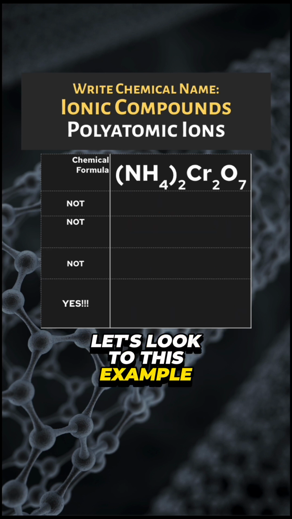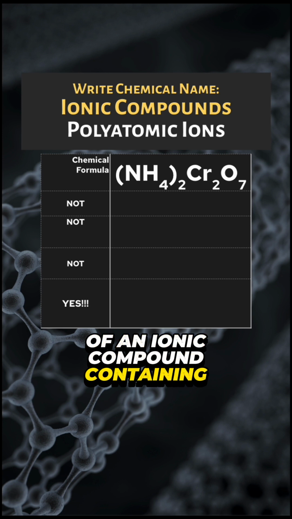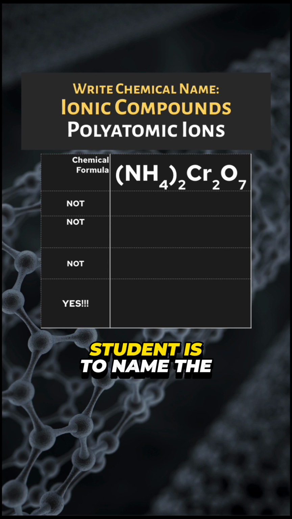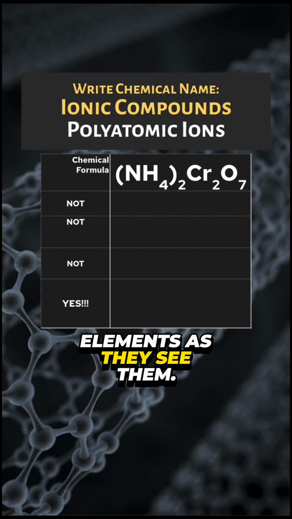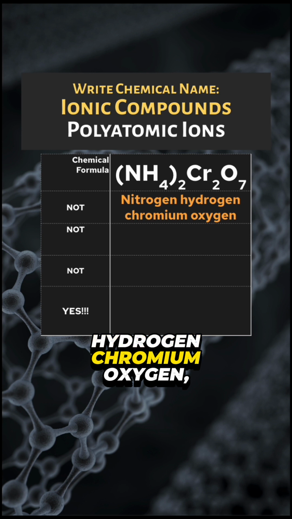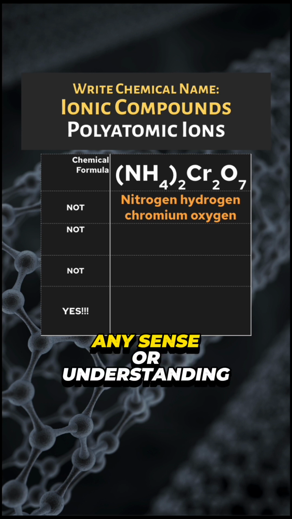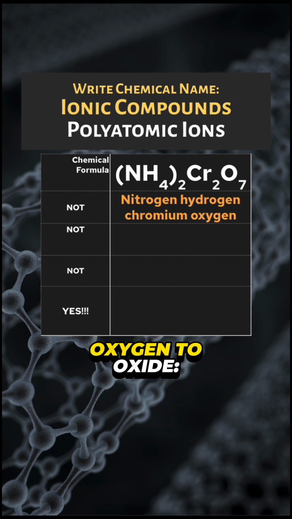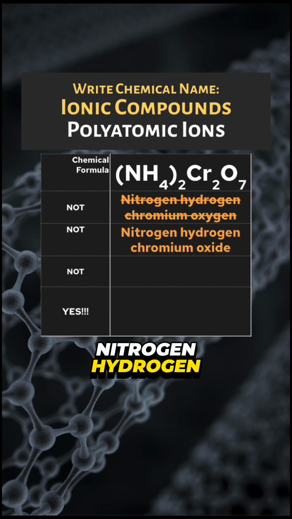Let's look at this example of an ionic compound containing polyatomic ions. The most natural thing for a beginner chemistry student is to name the elements as they see them. So you might think about writing nitrogen, hydrogen, chromium, oxygen, but that doesn't communicate any sense or understanding of what the chemical is. Let's try just changing that oxygen to oxide. Nitrogen, hydrogen, chromium, oxide.